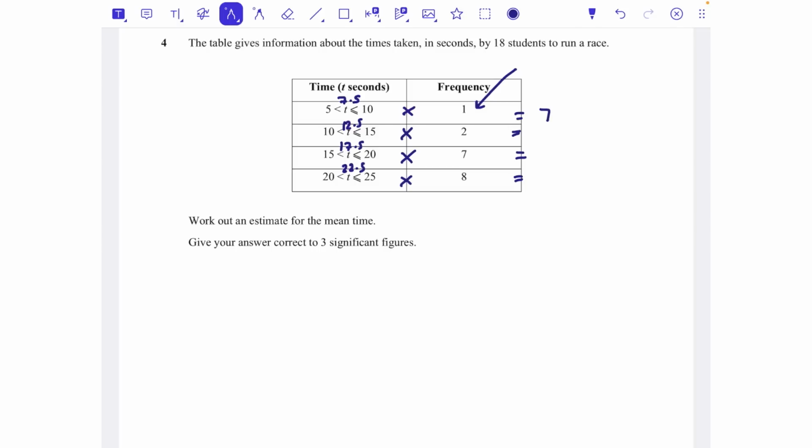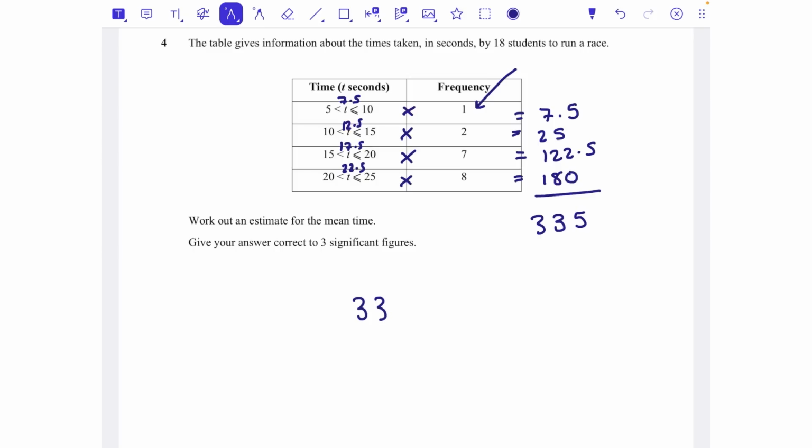So one lot of 7.5 is just 7.5, 12.5 times 2 is 25, 17.5 times 7 is 122.5, and 22.5 times 8 is 180. Adding all of that together, 122.5, add 25, add 7.5 is 335.